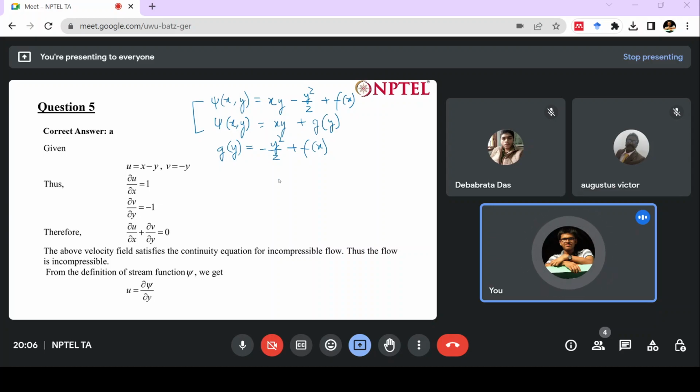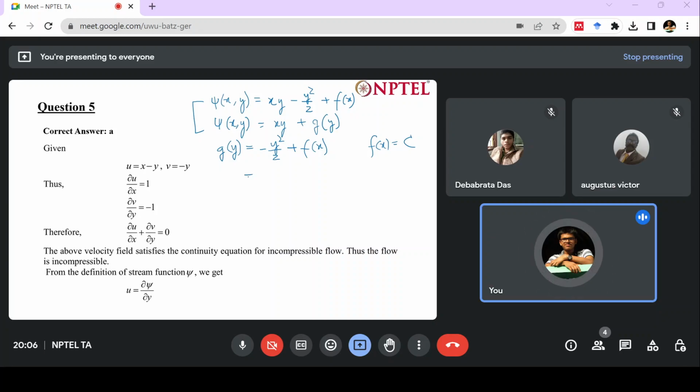So this function of x can only be a constant. It cannot be dependent on x because on the right hand side there should be no x. It will definitely not be dependent on y because f of x is itself a function of x. If it is not dependent on x and y, then it will be a constant.